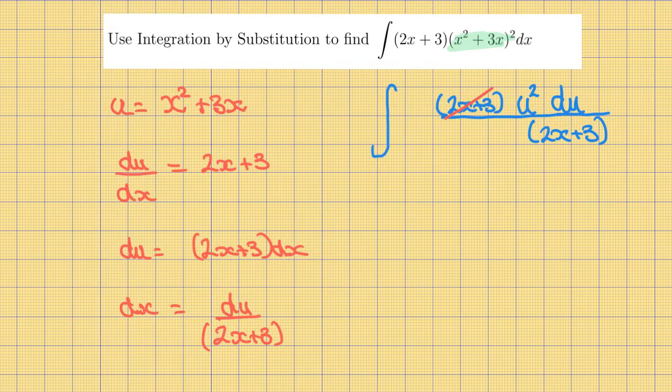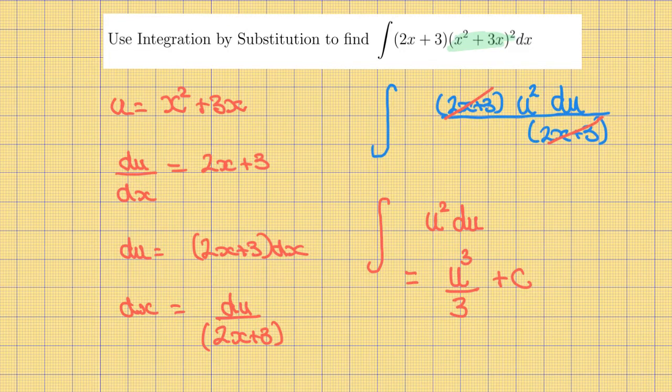They cancel, and we're left with the integral of u squared du, which is equal to u to the power of 2 add 1, divide by 3, plus c. Move it up a little to get a bit more space, and substitute back in for u.